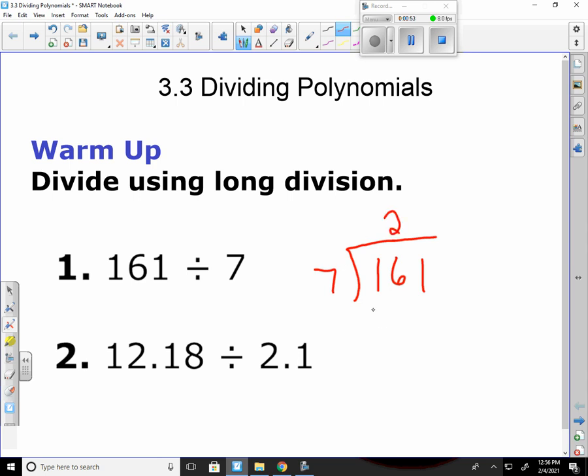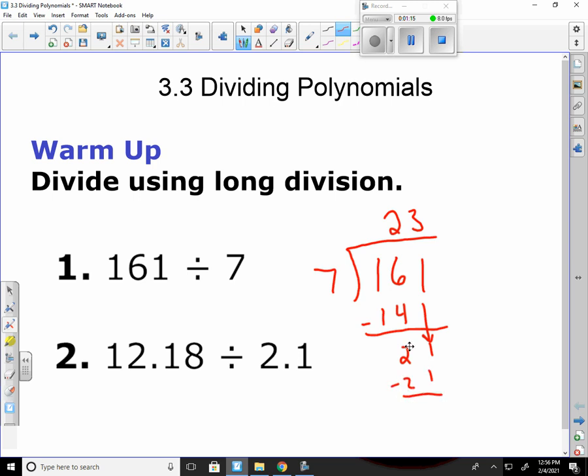7 times 2 is 14. That gets subtracted from 16. 16 minus 14 is 2. Bring down the 1. And you see how many times does 7 go into 21. 7 goes into 21 3 times. 7 times 3 is 21.